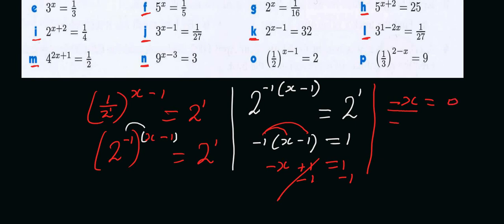So if you divide both sides by -1, this will cancel out, and then x will be equal to 0 divided by -1, and that's going to give you 0. So 0 divided by any number is 0. Yeah, so that is it for this question. I hope it does make sense.